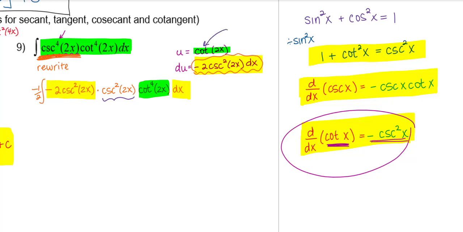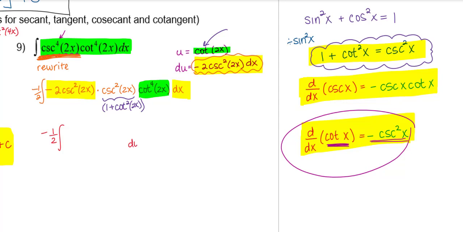Can I write cosecant squared of the angle in terms of cotangents? Because of our unique Pythagorean identity over here, I sure can. Cosecant squared of 2x is the same thing as 1 plus cotangent squared of 2x, and again, cotangent is u. So this whole thing is going to become negative 1/2. All of the yellow just becomes my du.